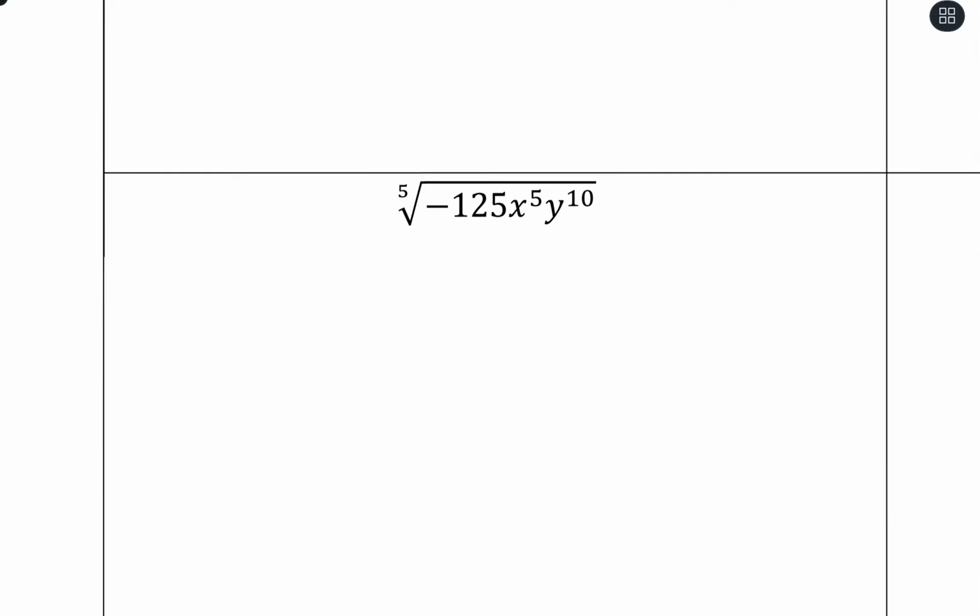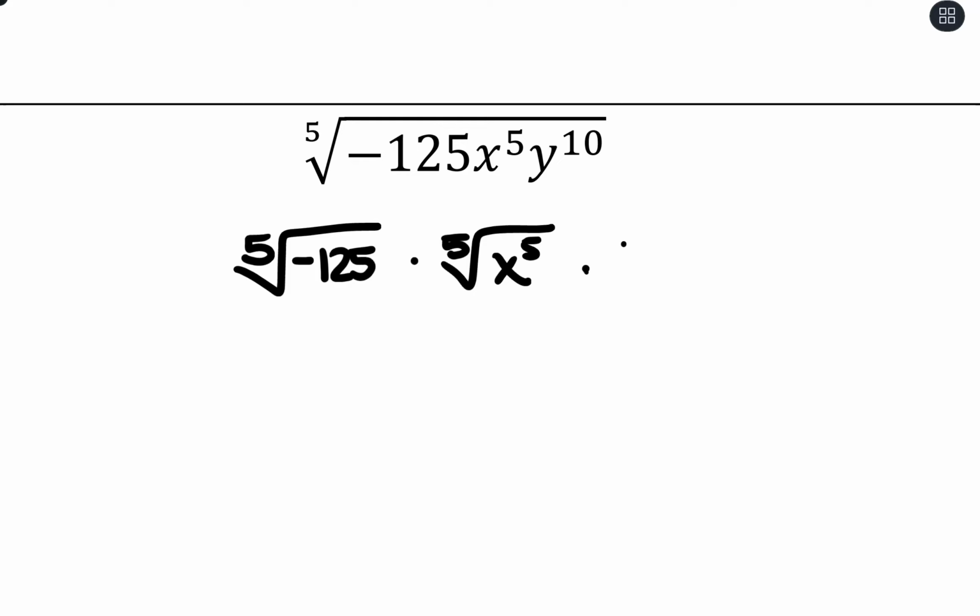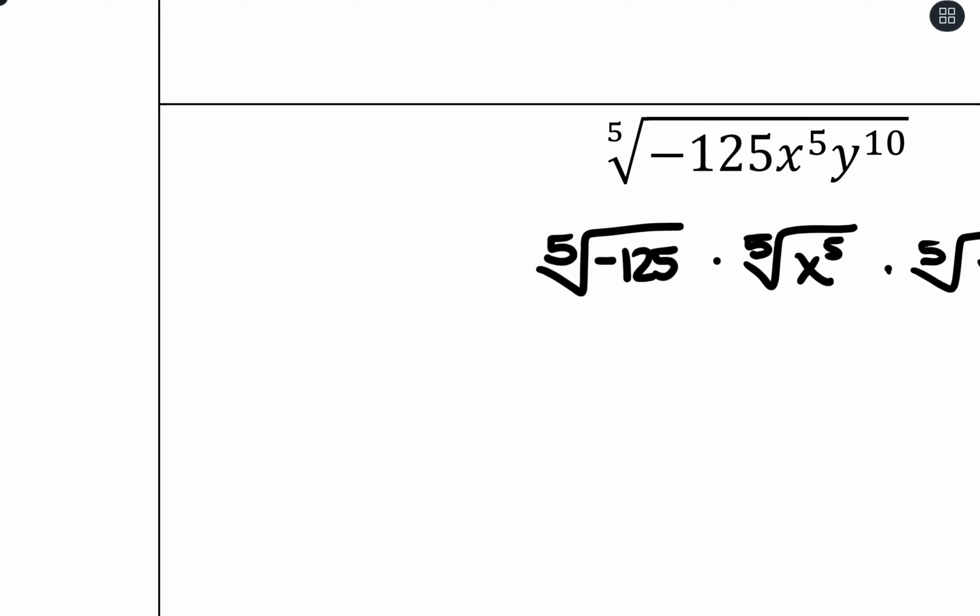Okay. Here we would have 5th root of negative 125 times the 5th root of x to the 5th times 5th root of y to the 10th. Ooh, let's take a look at 125.